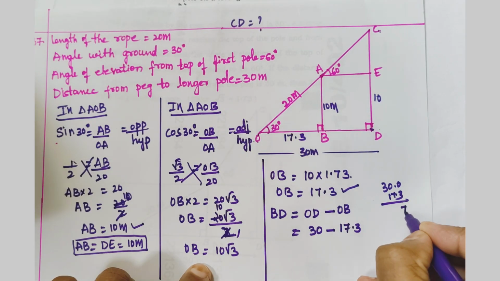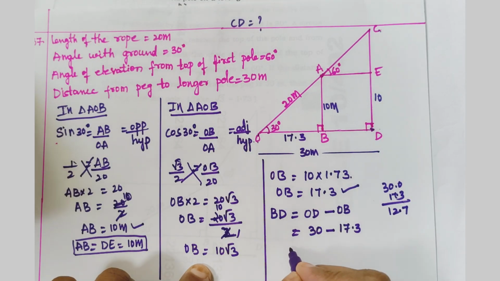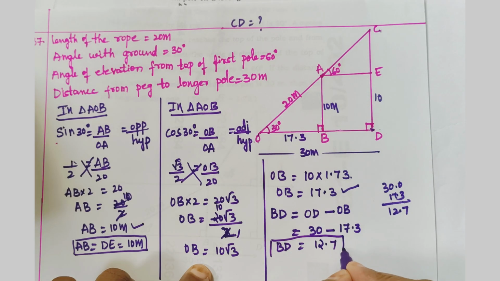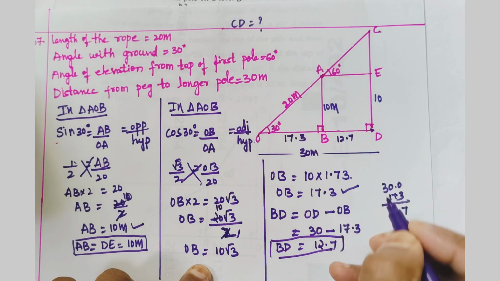So 10 minus 3 is 7, 9 minus 7 is 2, 2 minus 1 is 1, giving 12.7. So BD is equal to 12.7.